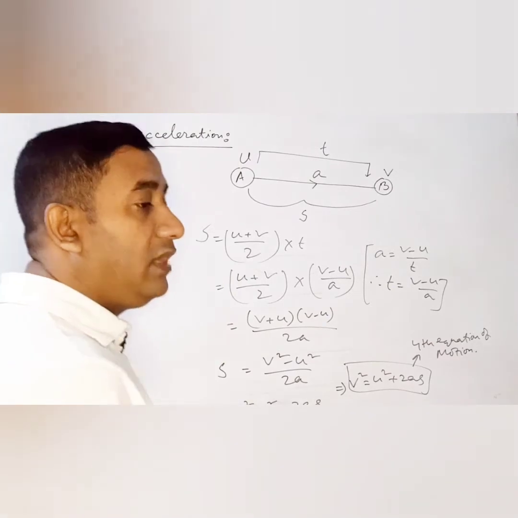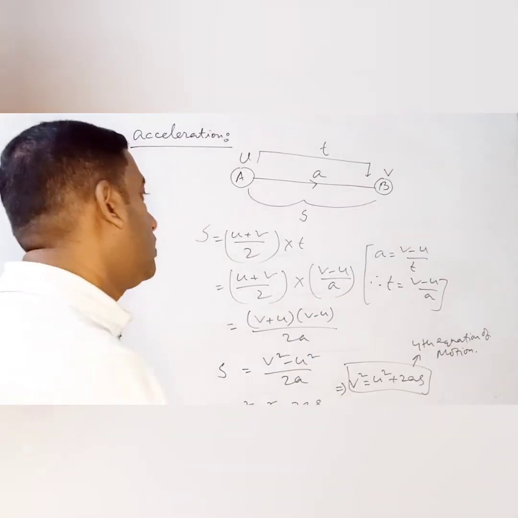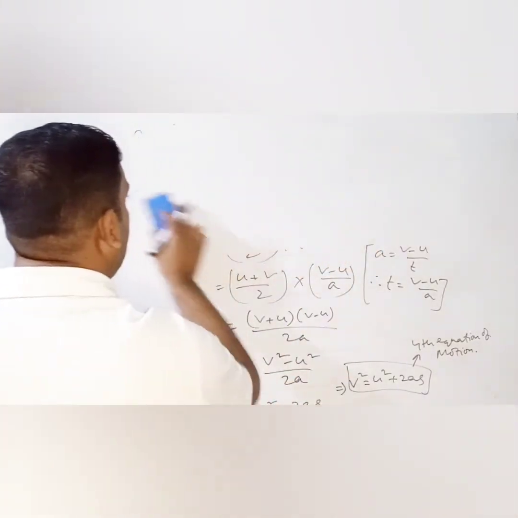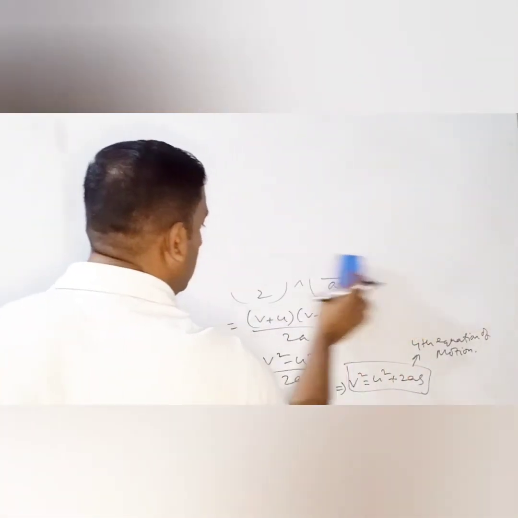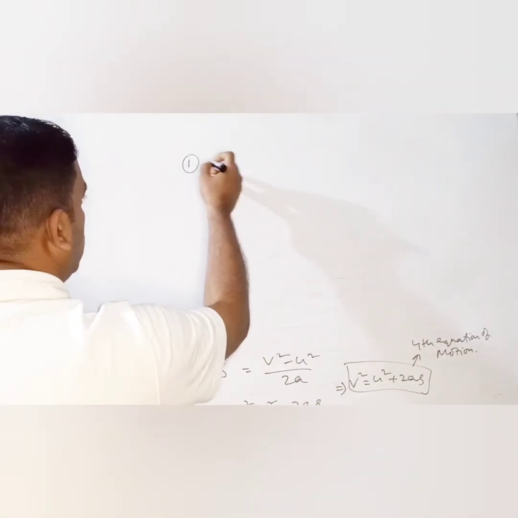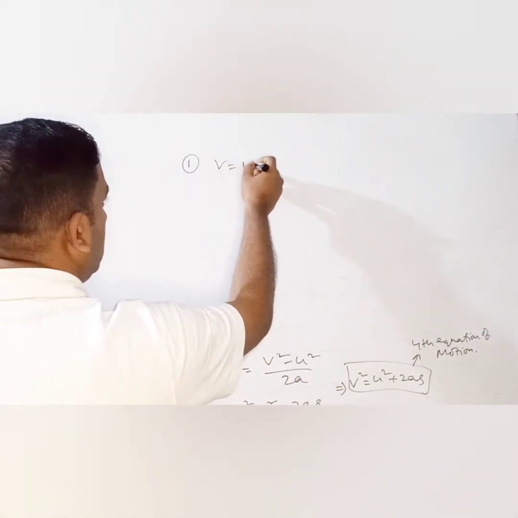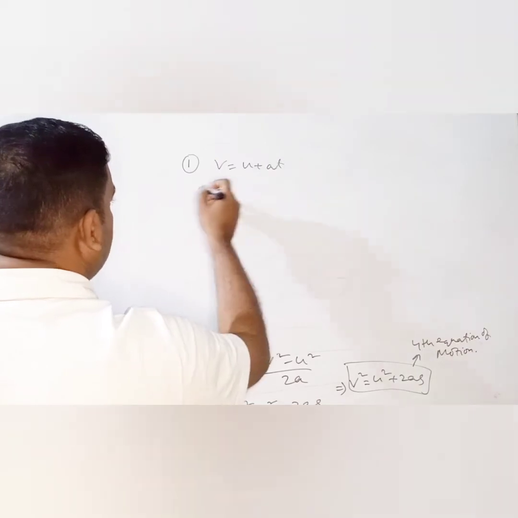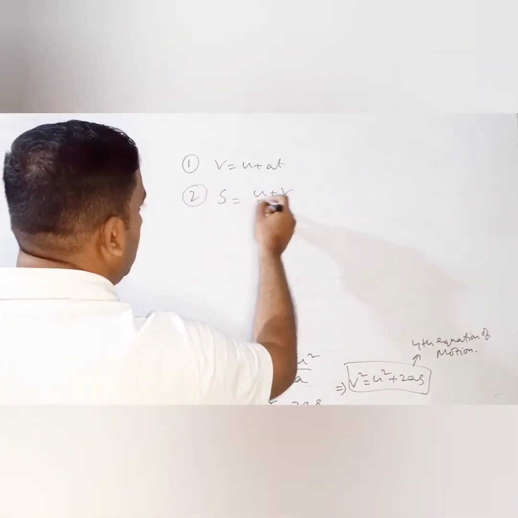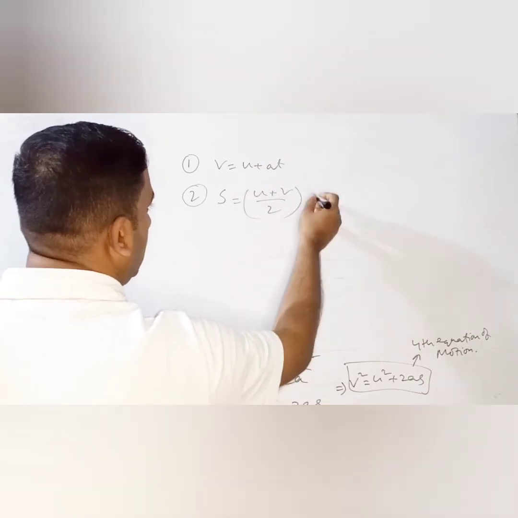So today we learned the fourth equation of motion from chapter 2 in secondary physics. So just recap the four equations of motion once again. Number 1, v equals to u plus at. Number 2, s equals to u plus v divided by 2 whole into t.